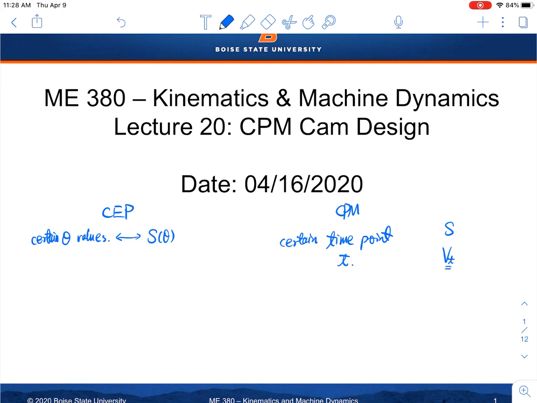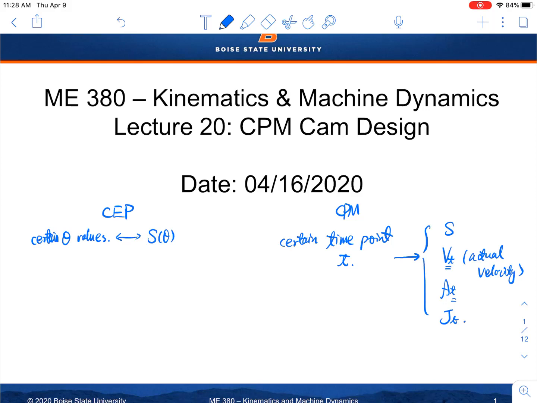Again, this velocity is not the v diagram, it is the actual velocity. Your acceleration, again, that's actual acceleration, and jerk, actual jerk. So we want to make sure that at certain time points, your SVAJ should reach certain values.